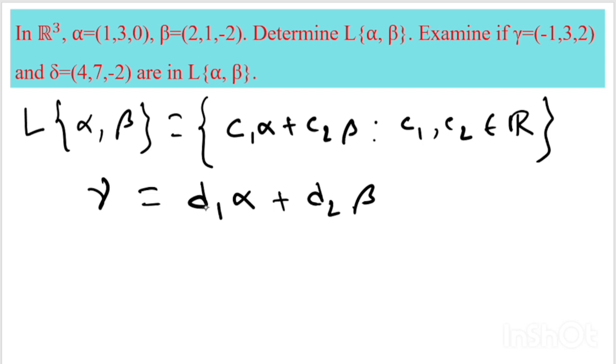So we need to find the values of d1 and d2. For some cases, if you can directly see and calculate the d1 and d2 values, you can go for that directly. But for some cases, it's better that you follow the process and find the values of d1 and d2.